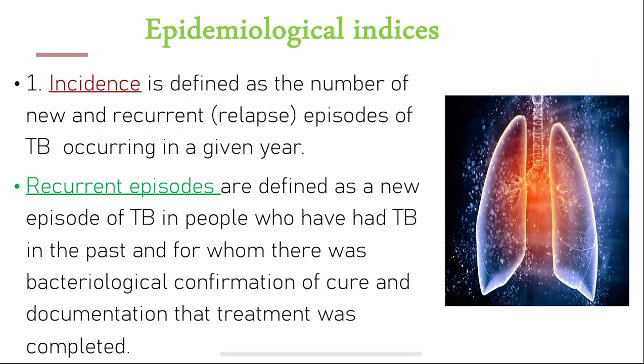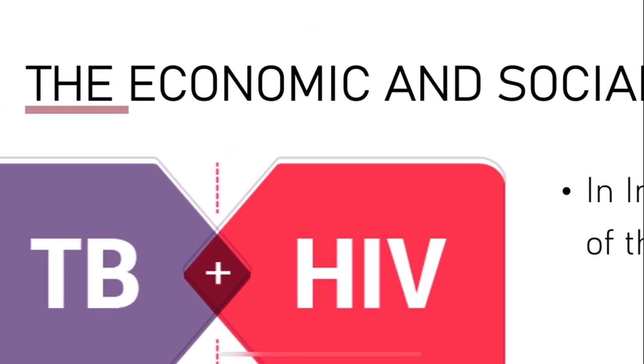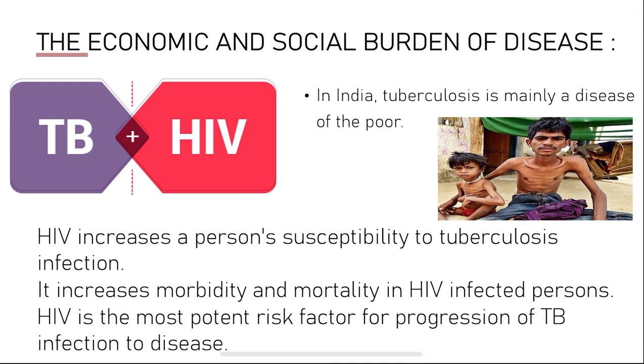Now we move further to the epidemiological indices. The thing you need to know is the poor people. Who are those poor people? The majority of victims will be those residents in the backward areas, in the tribal pockets, with poor living conditions.